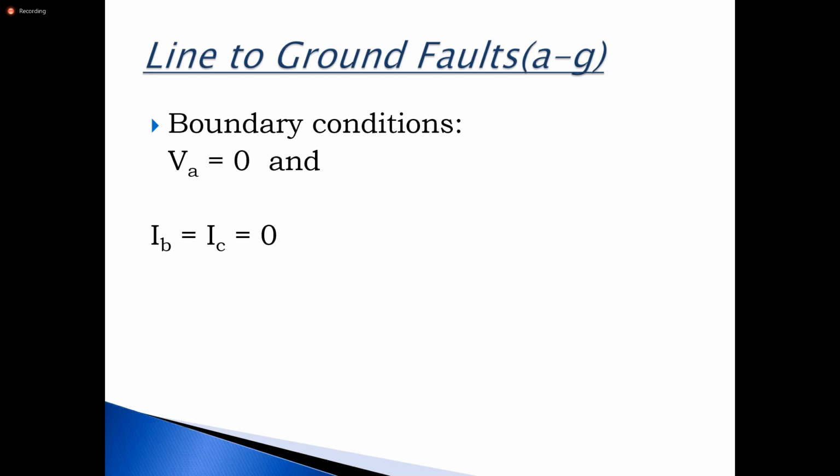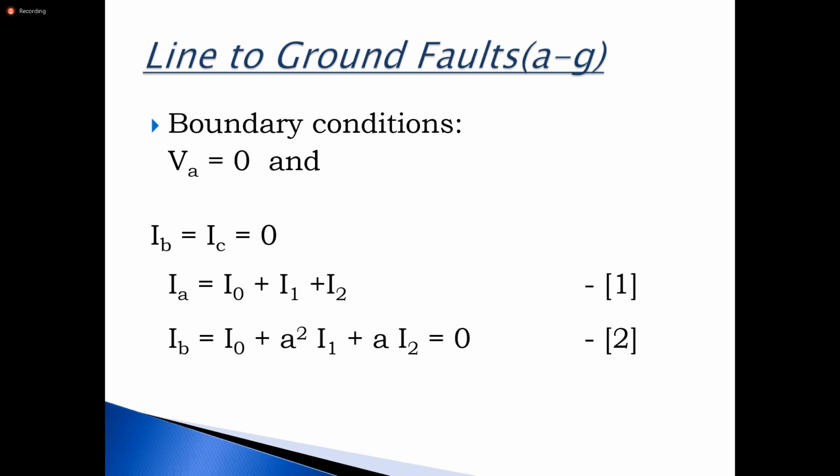All right? So having said that, we now go back to the equations that we had developed from Fortescue. So we know that IA is equal to I0 plus I1 plus I2. We have the equation there for IB and IC.